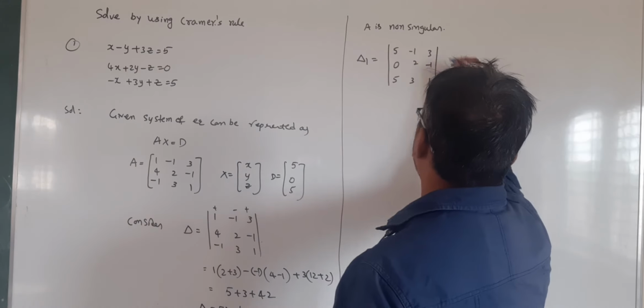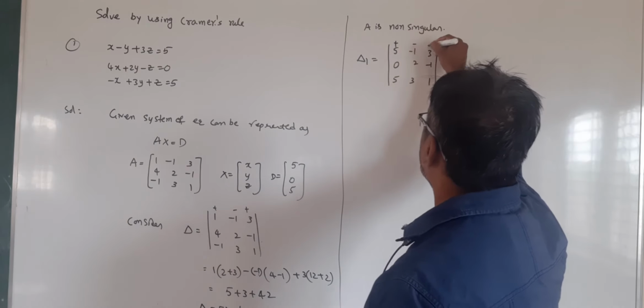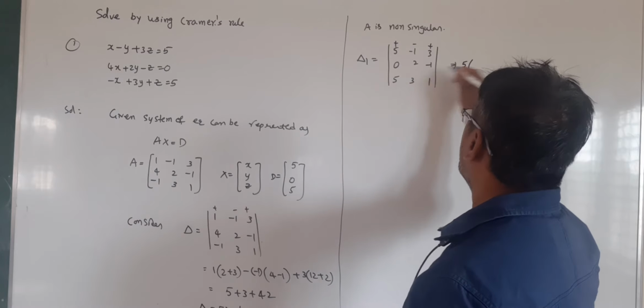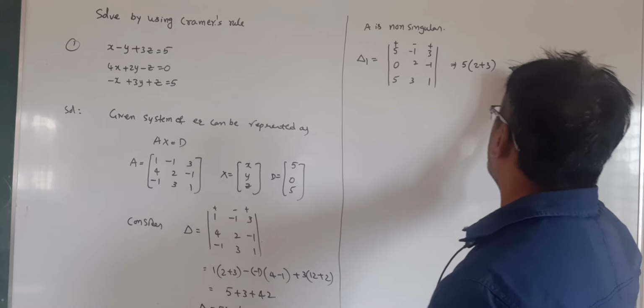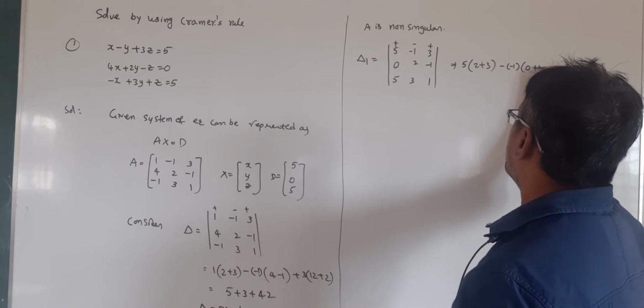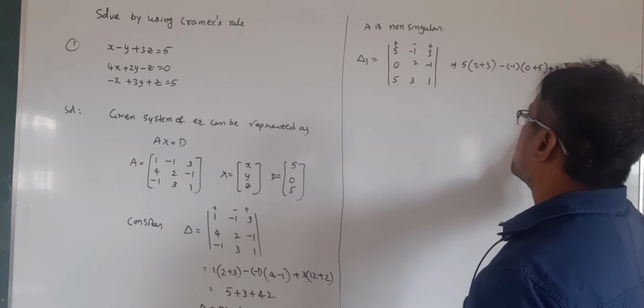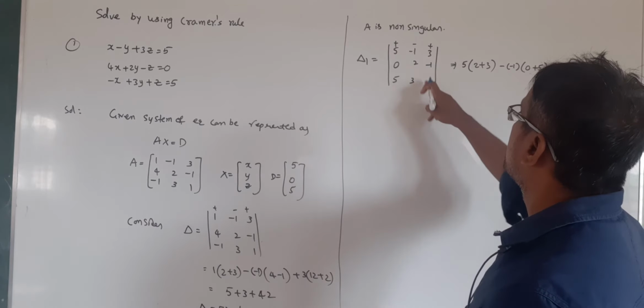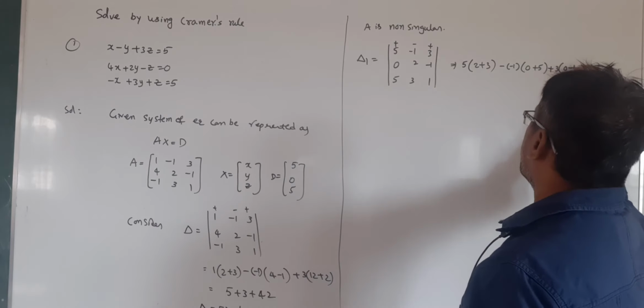Now delta 1 is equal to the determinant 5, 0, 5, minus 1, 2, 3, 3 minus 1, 1. So it will be plus minus plus. So 5 into 2 plus 3, minus of minus 1 into 0 plus 5, plus 3 into 0 minus 10.